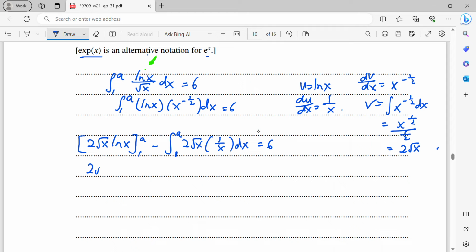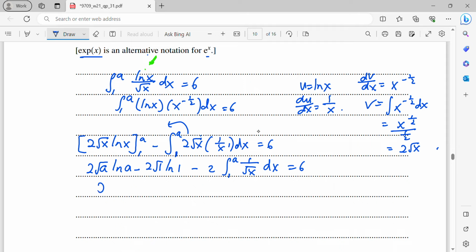So I will get 2 square root a ln a minus 2 square root 1 ln 1. Then these two constants can be taken out. Then square root x times 1 over x is basically 1 over square root x, because this is degree 1, this is degree half, and half minus 1 is negative half.